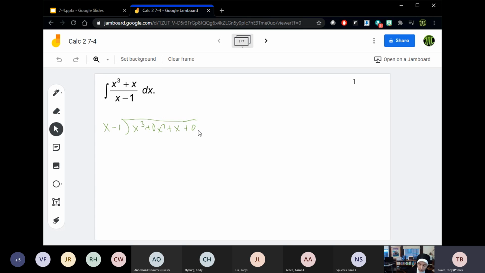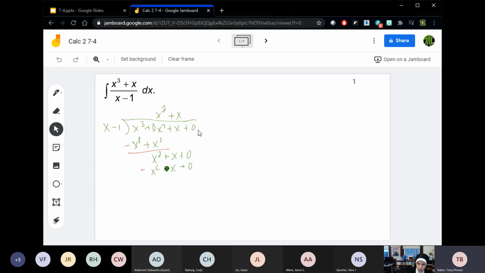So now what do I have to multiply x by to get x to the third, which is x squared. So I multiply to get x to the third minus x squared. Then we change our signs and put them together. The first part should always cancel out. So I'm left with x squared plus x plus 0. I do it again. x goes into x squared once, so that's x. So I have x squared minus x plus 0.